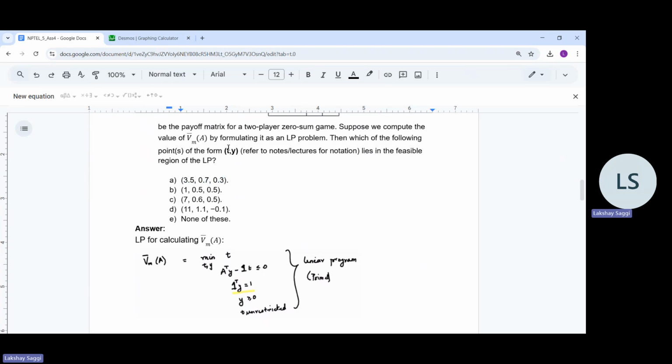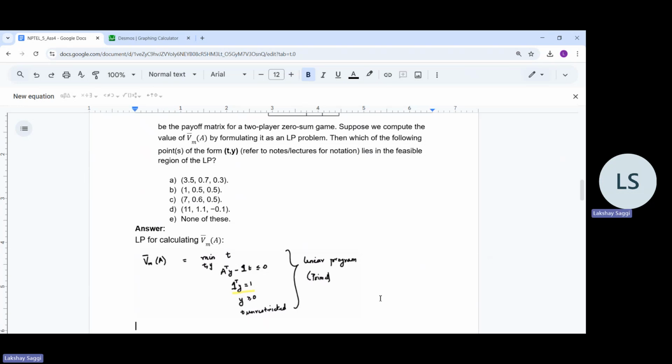So in this option, what it essentially means is that we are checking whether t equal to 3.5 and y equal to 0.7 comma 0.3 is feasible or not. Similarly, in option B, we are checking if t equal to 1 and y equal to 0.5 comma 0.5 is feasible or not. Similarly, we are checking option C, option D, and if none of these are feasible, then none of these.